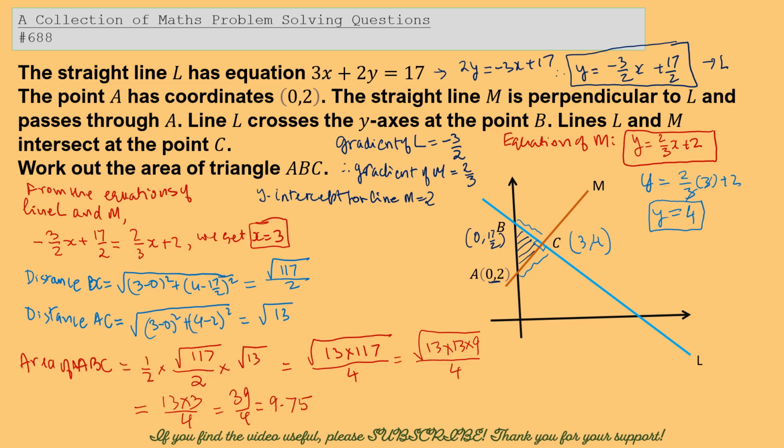There is no unit specified, so we can just say square units. So that's the area of the triangle ABC, and that's the answer, 9.75.